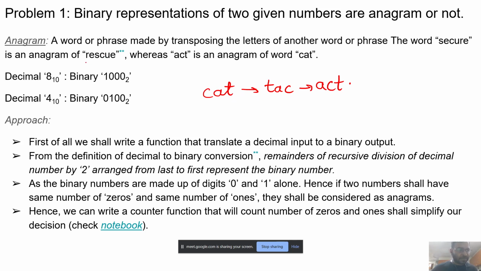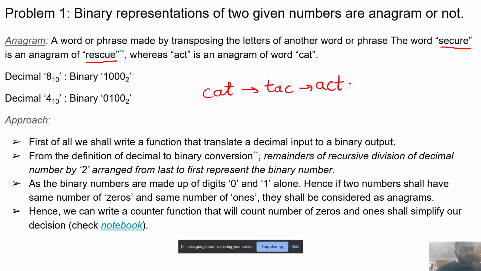Like here we can see, secure is an anagram for the word rescue. So what I mean here is that I want to check whether the binary representations of numbers are anagrams or not.